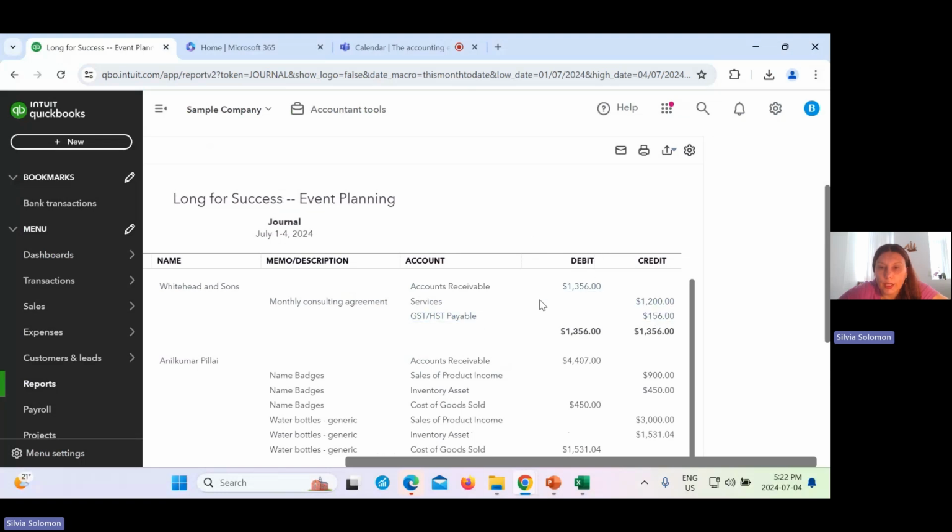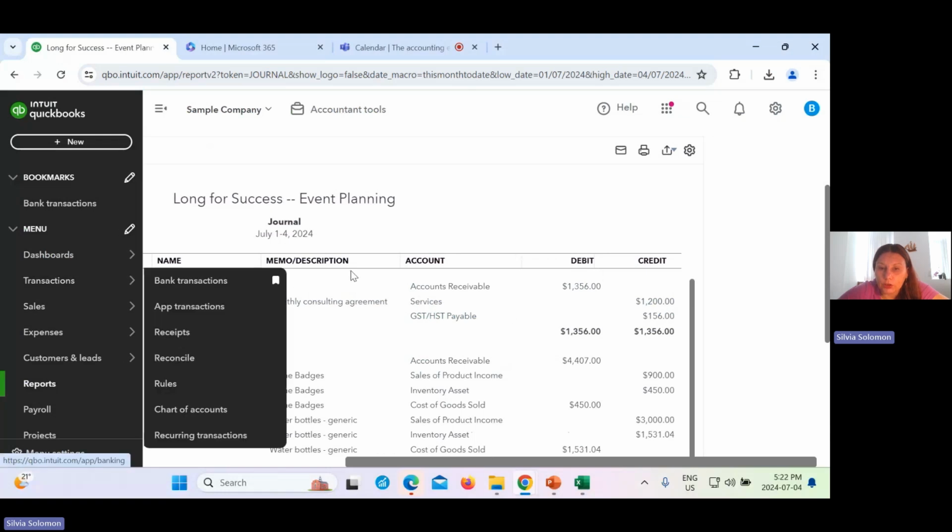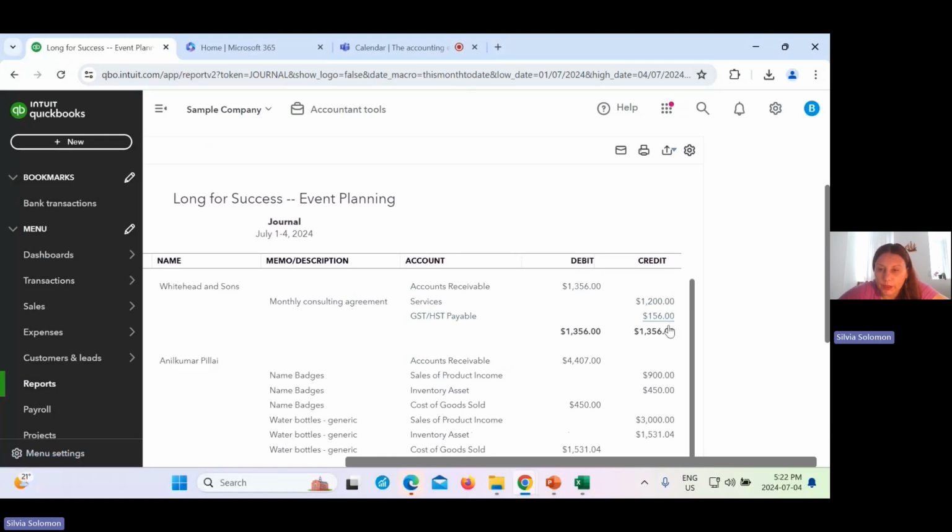But just to show you guys that any transaction has a debit part and a credit part. We have to have at least one account on debit, one account on credit. We may have one account on debit and two accounts on the credit side, or vice versa, three accounts here, one account here. The most important thing is that the total amount of the debit equals the total amount of the credit.